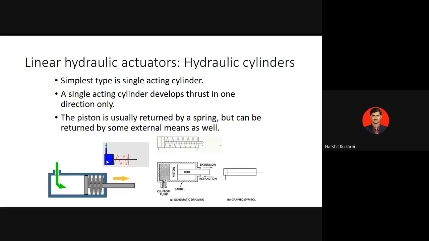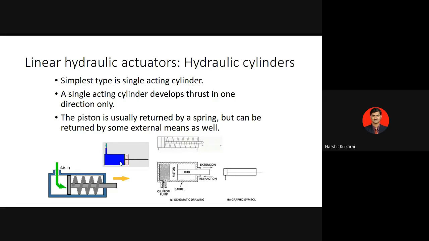Once the oil starts entering, this piston will be pushed ahead, and it will move from LHS to RHS, or we call that stroke the extension stroke of the cylinder, wherein the work is done. So it is extension by the oil that fills that space, and retraction by spring expansion. So it is a spring return single acting cylinder.